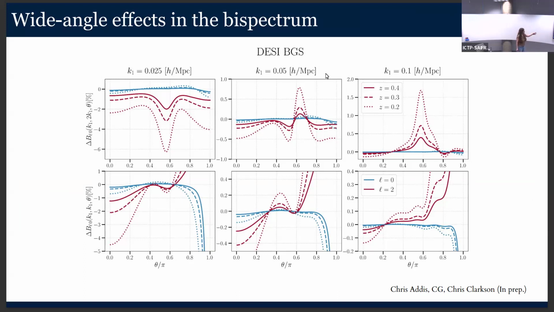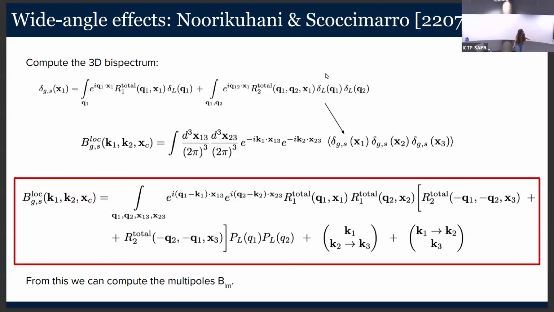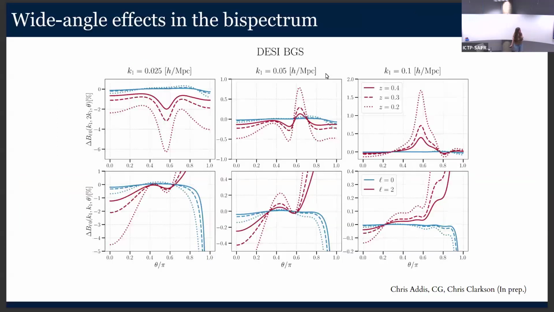He took this work by Nericolani and Scotimaho, and he went through all the derivations. He wrote a very nice code where we can compute these corrections.